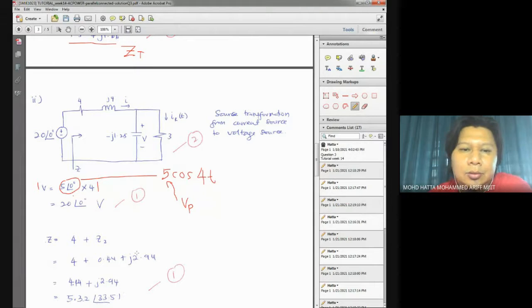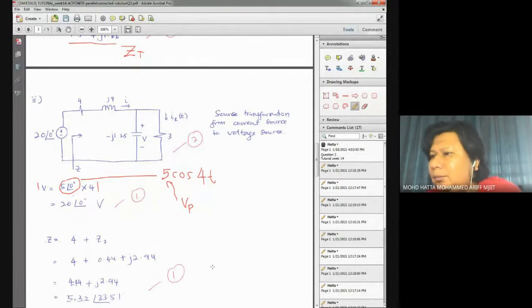You can use either peak value or RMS value. However, please be careful in the calculation of power, where you need to use RMS value. At this point, yes, it is correct because we don't involve any power. So later on, if the question asks about power, you need to readjust it back, or present your voltage and current in RMS value.